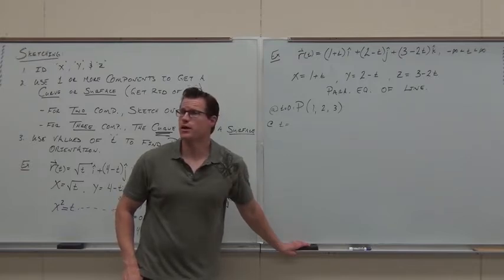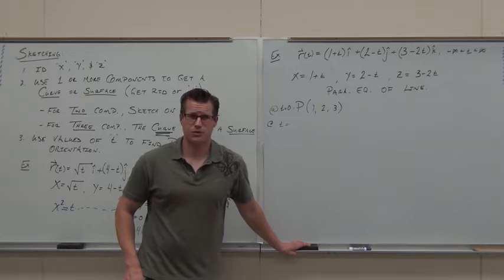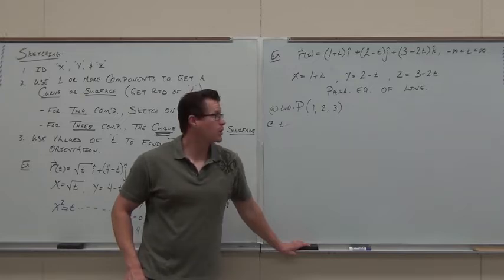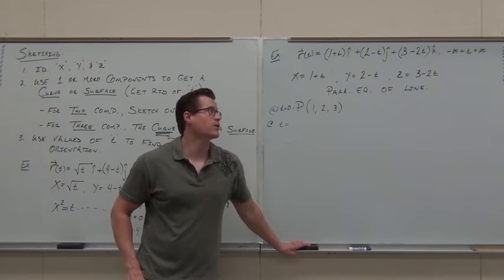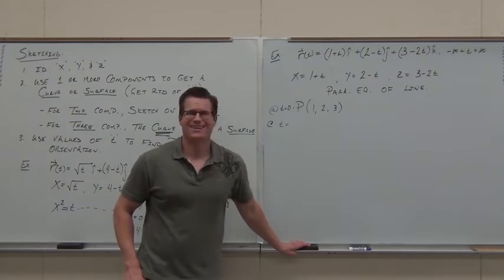We're plugging in for t, correct? I wouldn't use 1. I would use the value of -1, or I would use the value of 2, which is what I'm going to use. Why?